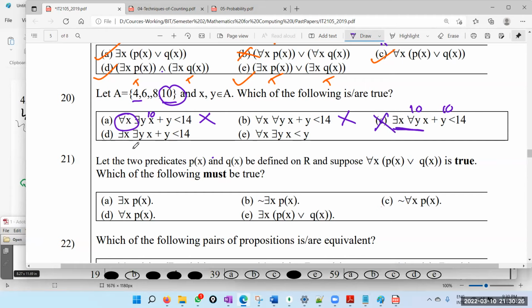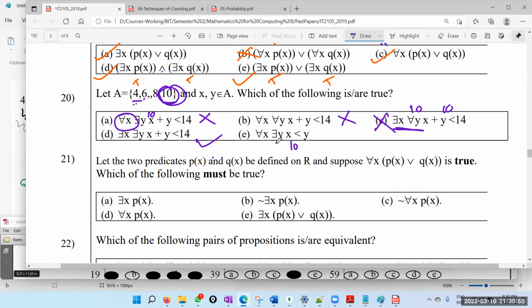There exists x, there exists y, obviously. For example, 4 and 6, 4 and 8, 6 and 8, so many. Yes. Next, for all x there exists y such that x is less than y. For x equal to the extreme 10, do we have at least one y such that x is less than y?